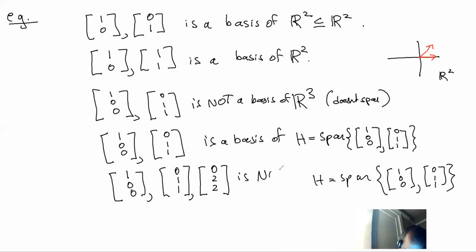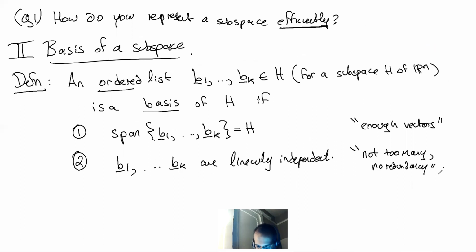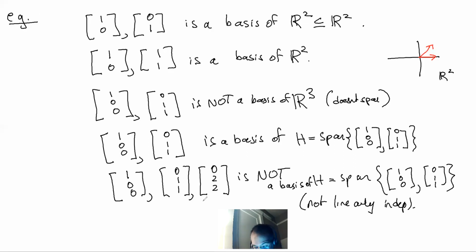It is not a basis of this because it's not linearly independent. Okay, so that's what I mean by not too many or no redundancy, right? This set of vectors is redundant. Indeed, the span of these vectors is equal to H, but it's not a minimal set of vectors that span H because you can delete the last vector and you still get the same span.